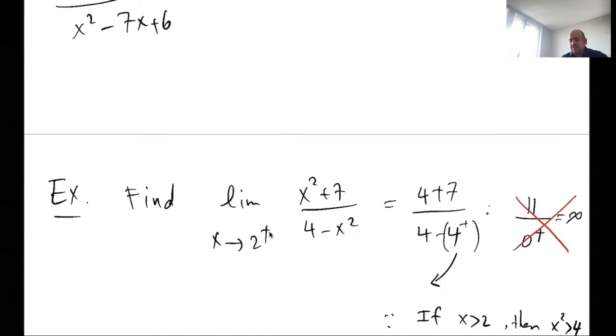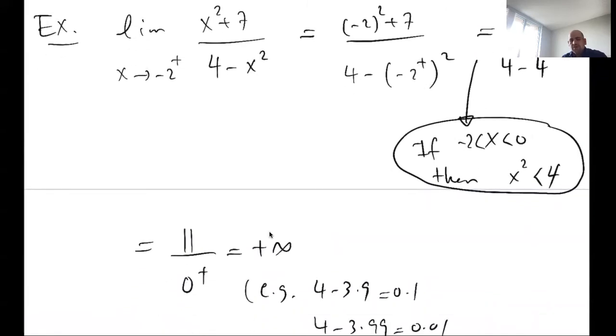It doesn't mean whether it's positive or negative. Of course, in this case, if x is bigger than 2, it will be positive. But for example, here, when we say x approaches minus 2 from right, this plus means from right, which means the number is a little bit bigger than minus 2, like minus 1.9 or minus 1.99, and so on. So the number still is negative, right? Like minus 1.9 is a negative number, or minus 1.99 is a negative number. So this plus here does not mean the number is positive.